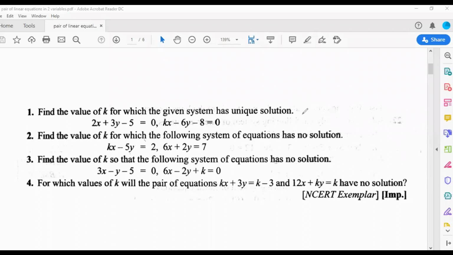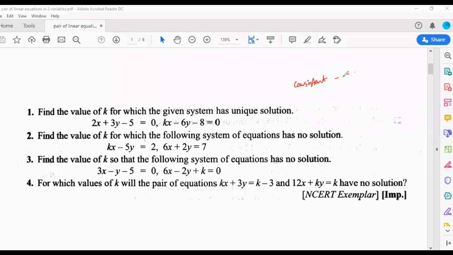So we know how to check it, right? In some questions, I have seen: check whether the given equation is consistent or inconsistent only, not dependent.